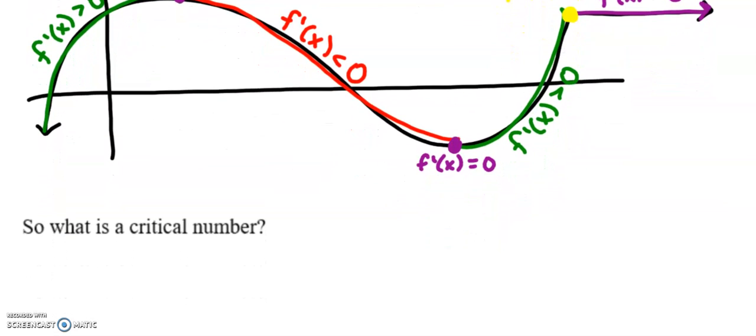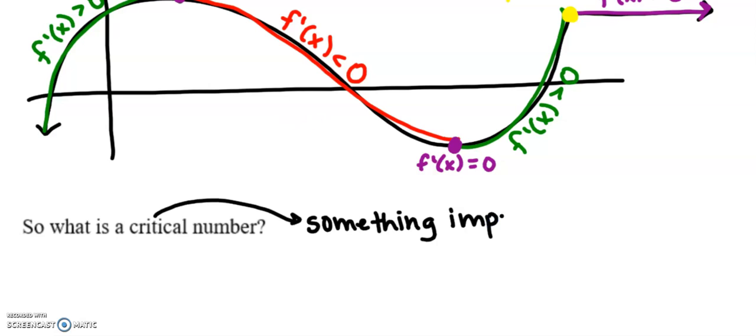All right, so what is a critical number? Well, what does it mean to be critical? Critical is something important, right? If somebody is in critical condition, unfortunately, that means that something important is going on, right? Something has a critical deadline. It's an important deadline.